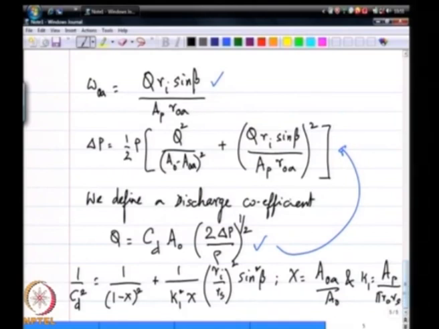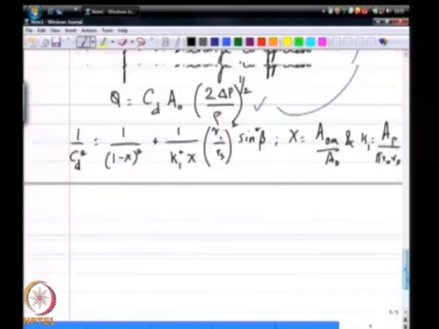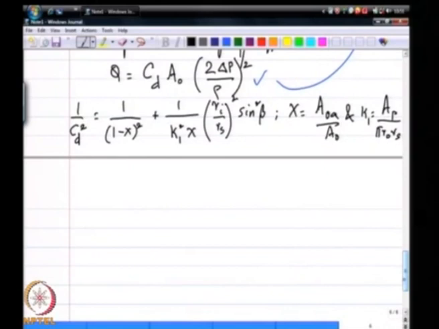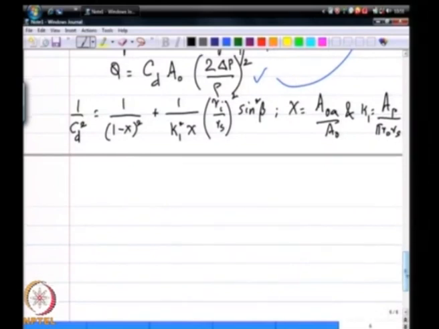K1 is this dimensionless group A P over pi R0 R S. Okay, you can clearly see K1 is dimensionless, so is X. So, I now have an equation relating CD to X and I also have K1.